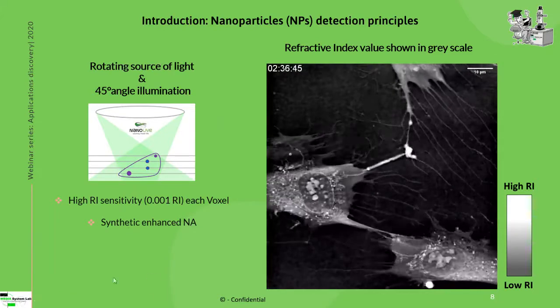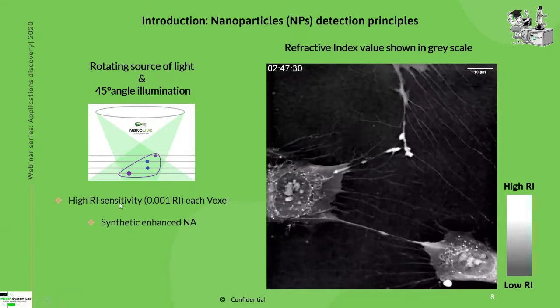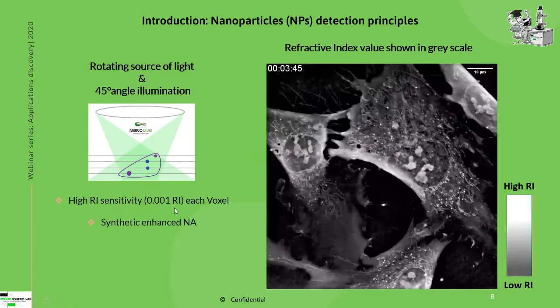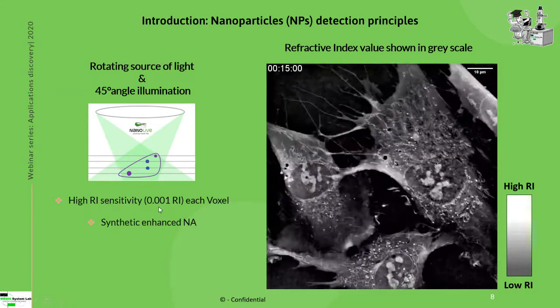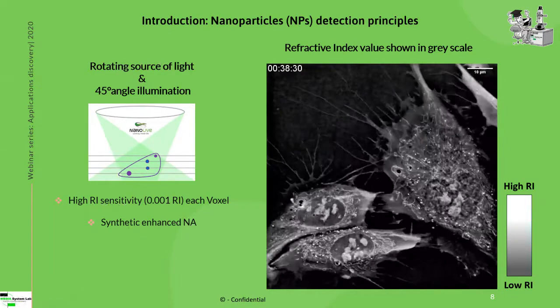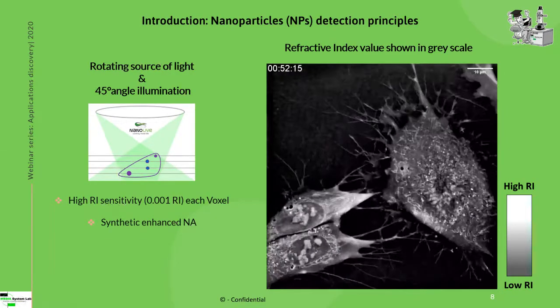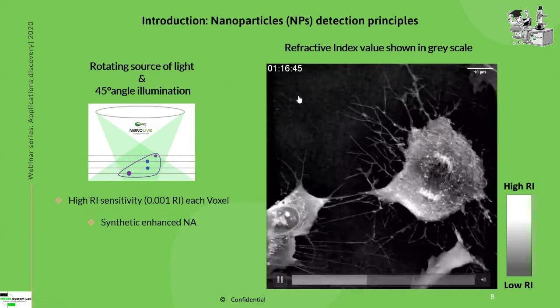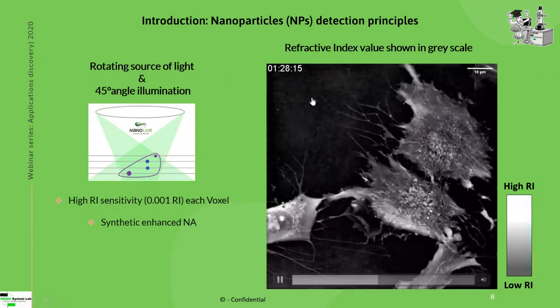This allows you to increase the refractive index sensitivity, which goes to 10 to minus 3. That is, if you make a comparison, like a very good refractometer working in 3 dimensions, but in this case with living cells as well. So you have this number voxel by voxel.